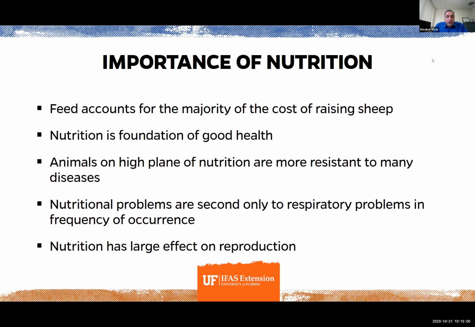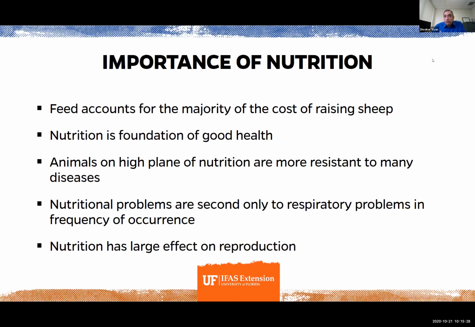Nutrition is also a foundation for very good health. If we are providing adequate nutrients, it is very important to build immunity for these animals. So animals that are on a high plane of nutrition are more resistant to many diseases. And again, the emphasis on nutrition is very important because nutritional problems are second only to respiratory problems in the frequency of occurrence.